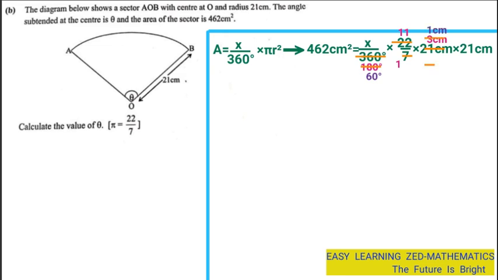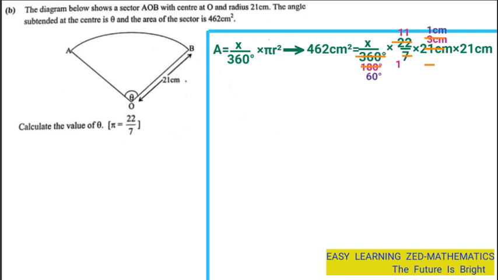Okay, then I'm going to look for another pair of numbers that have got a common factor. So you can see 60 and 21, they also have got a common factor, which is 3. Now here you need to pay attention to how I'm doing it, because if you just make a mistake here, that means the answer won't be correct, or even the units won't be correct.